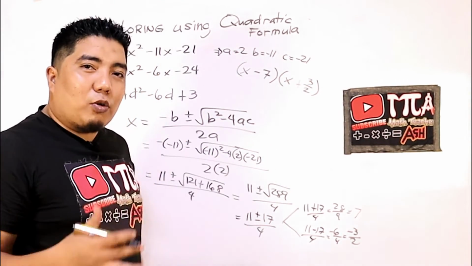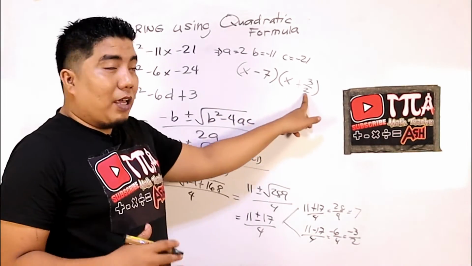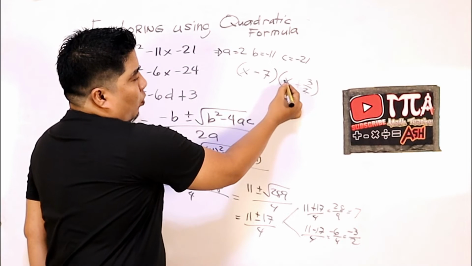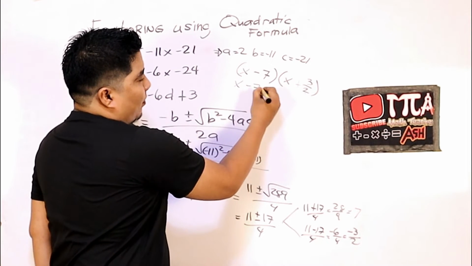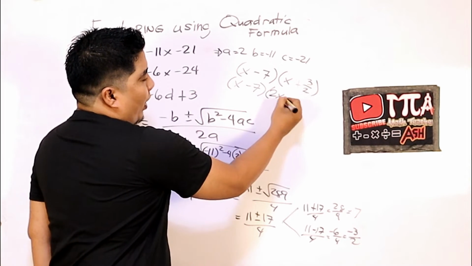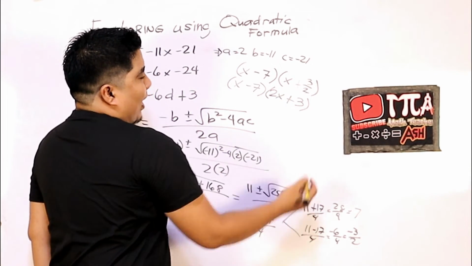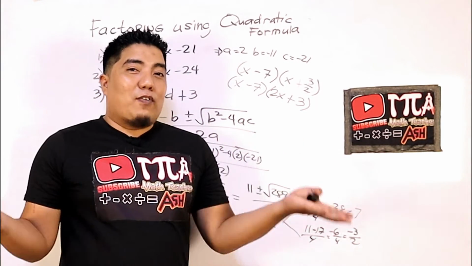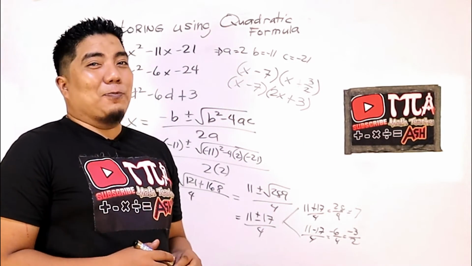However, in factoring, we don't use a fraction. So we will put our 2 here, giving us x minus 7 for the first factor, and then our 2 will be multiplied here, that is 2x plus 3, and that will be our final answer. These are the two factors for this given scenario.